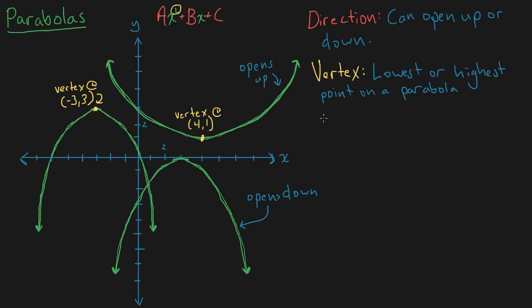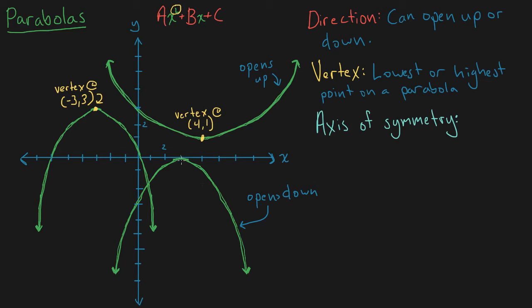The next thing that I want to talk about with parabolas is the axis of symmetry. Every parabola is mirrored over a certain line, and that line is called the axis of symmetry. If we look at this example right here, the parabola is mirrored over this line right here.